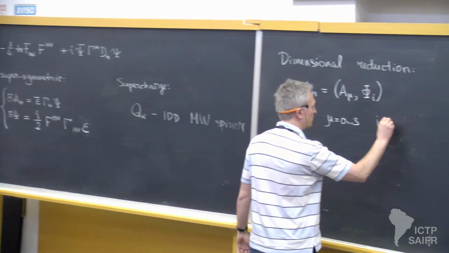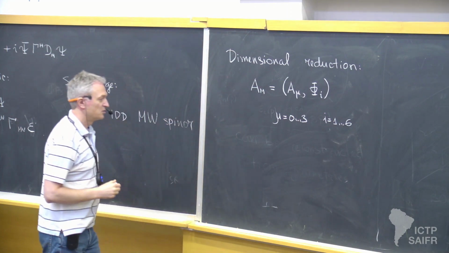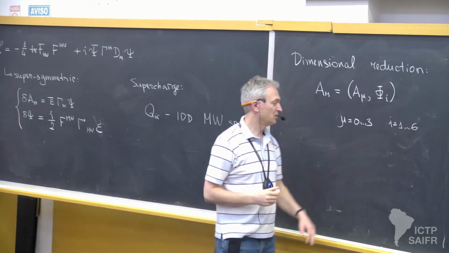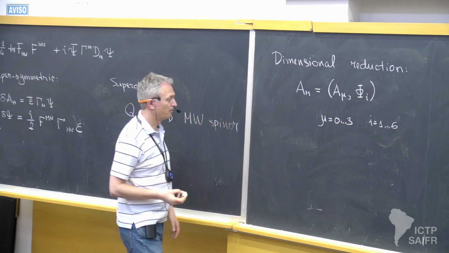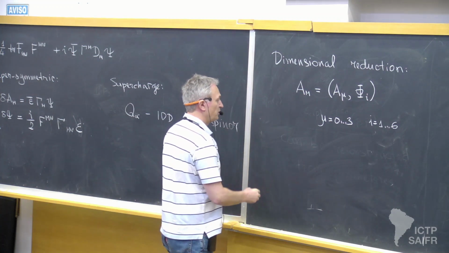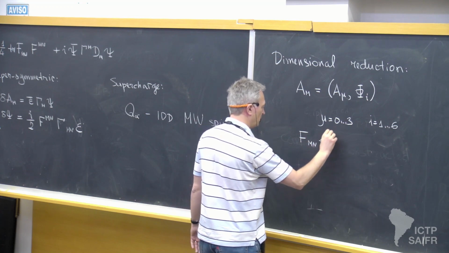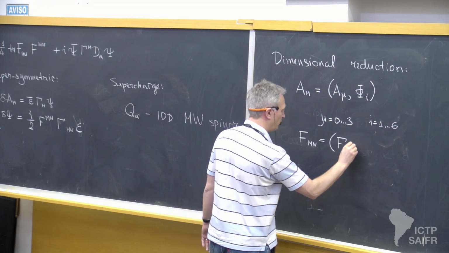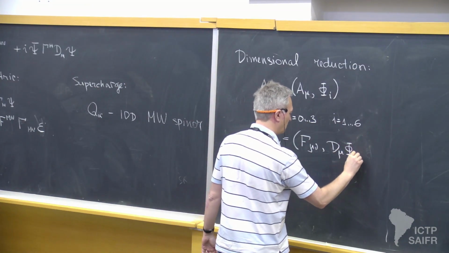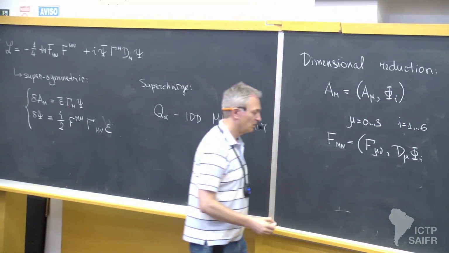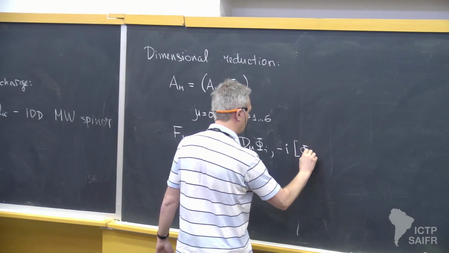And let me also relabel them. I will assume that the index I runs from 1 to 6. Originally it was from 4 to 9, but just for notational convenience, I assume that it goes from 1. So the Lagrangian then depends on the field strengths, and that decomposes into the 4-dimensional field strengths, the derivative of the scalar field, and simply the commutator between the scalar fields.